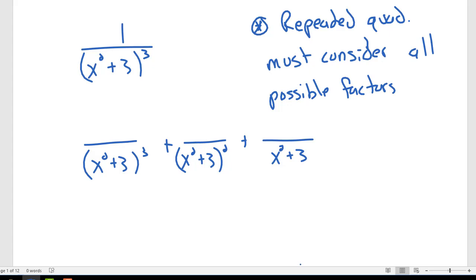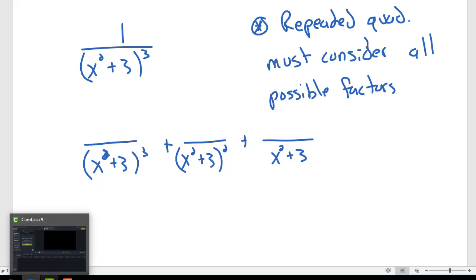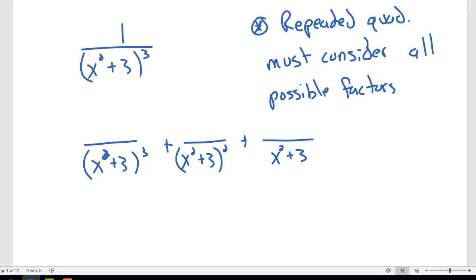All right, so just like we talked about earlier with the repeated linear factors, even though this is technically a 3rd power to the 2nd power, a 6th power, it's still quadratic. It's just a repeated quadratic, right? So because this is a square, I'm going to assume a linear numerator.